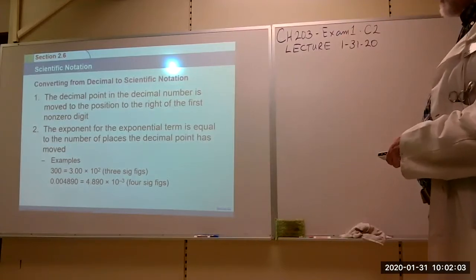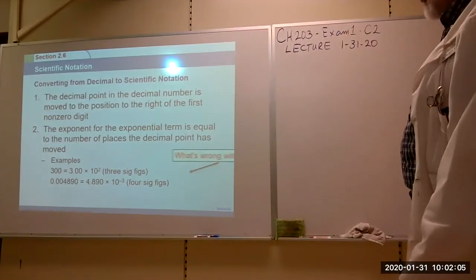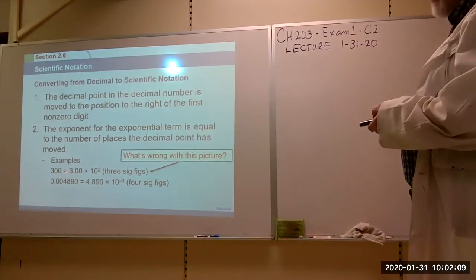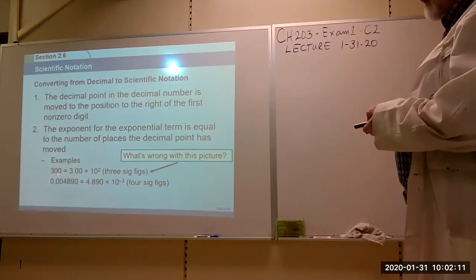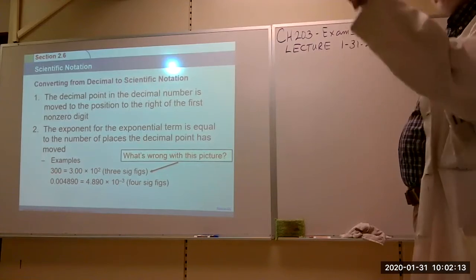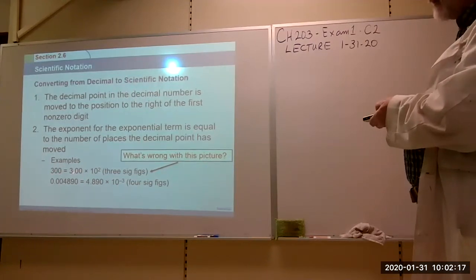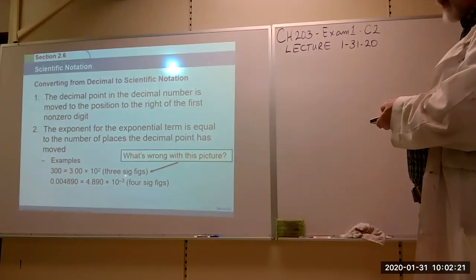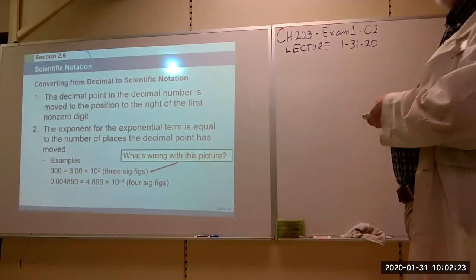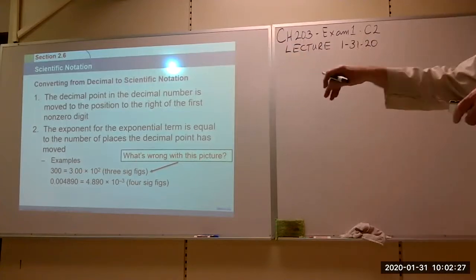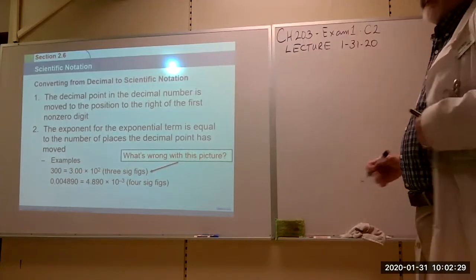What's wrong with this picture? How many significant figures in that number? One. So there should only be one significant figure over here. Right? So that's wrong. I didn't create this slide. Disclaimer. I inherited it from the authors.